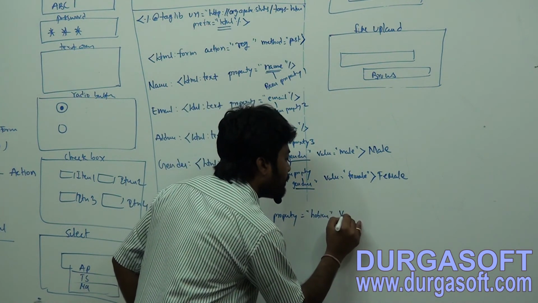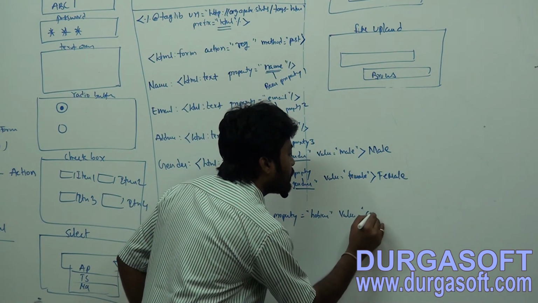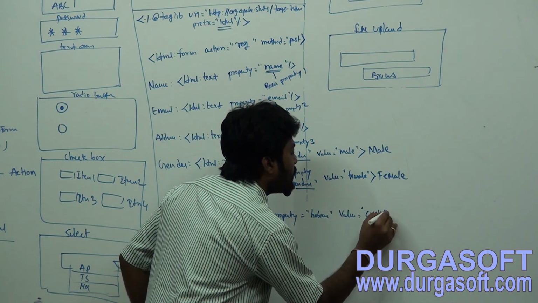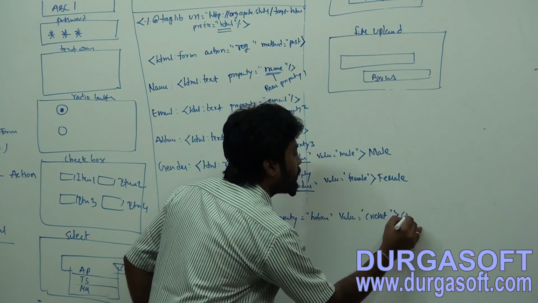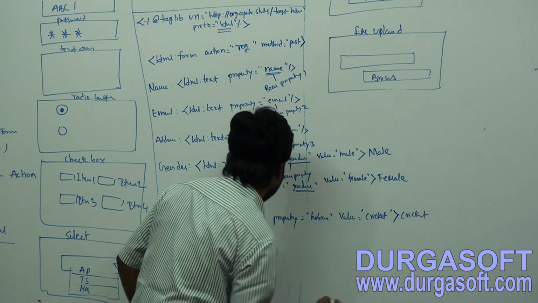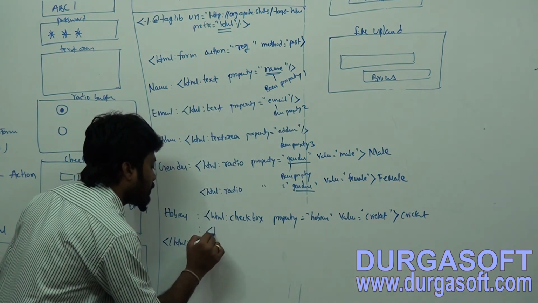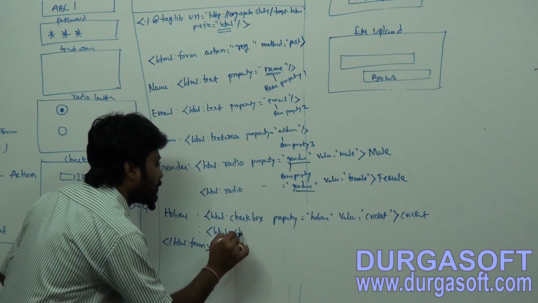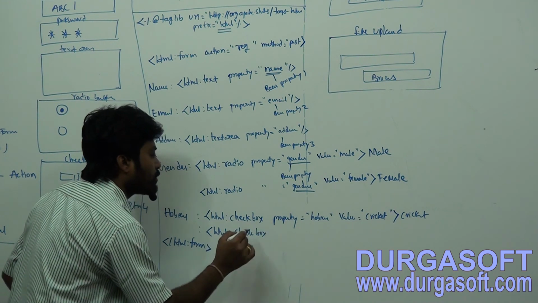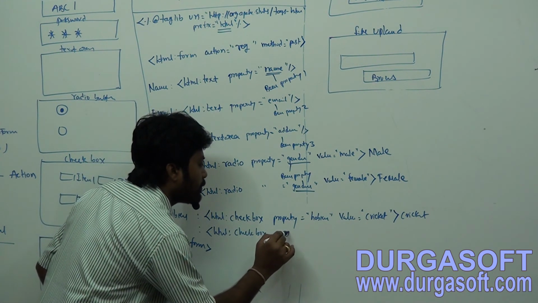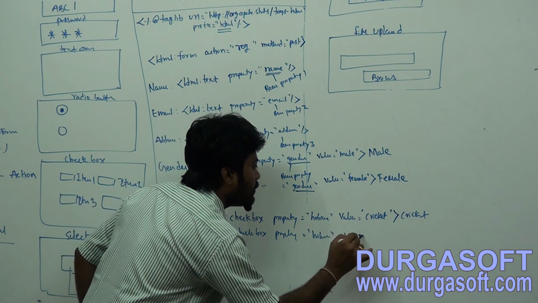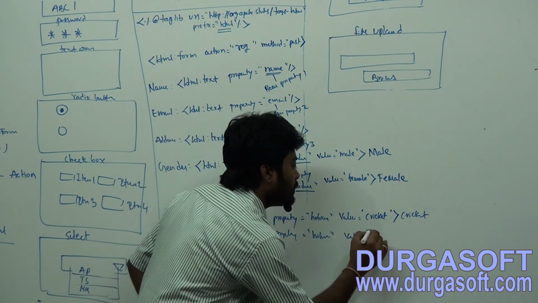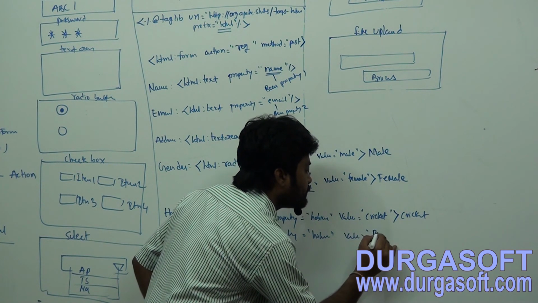Hobby value: some interested games, watching cricket. One more checkbox, property hobbies, value reading books.